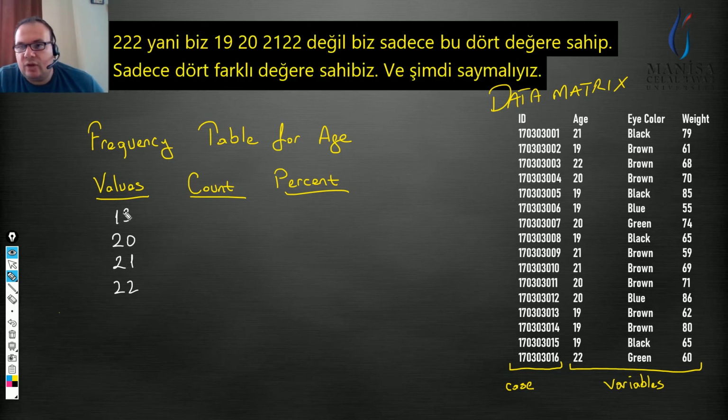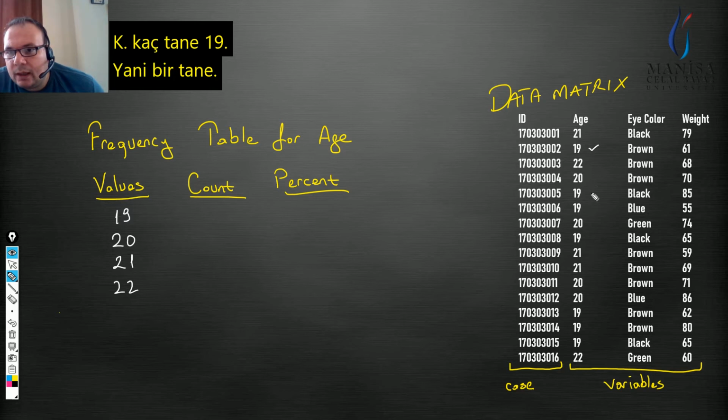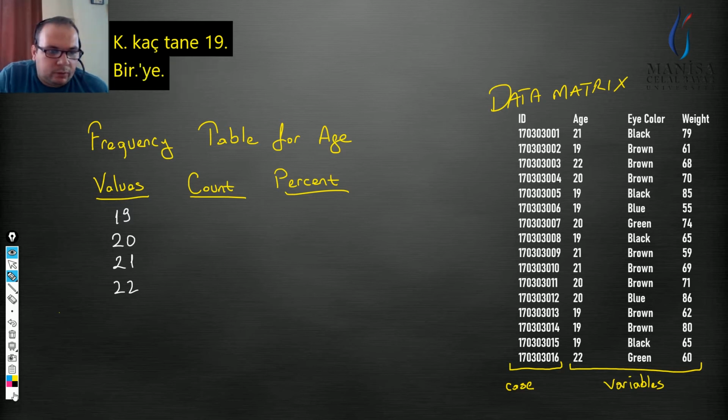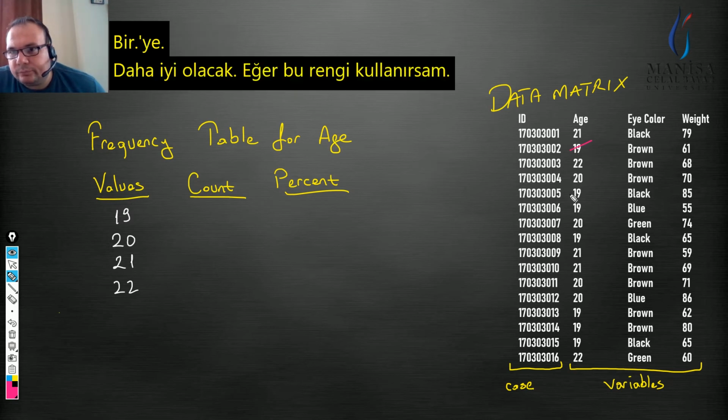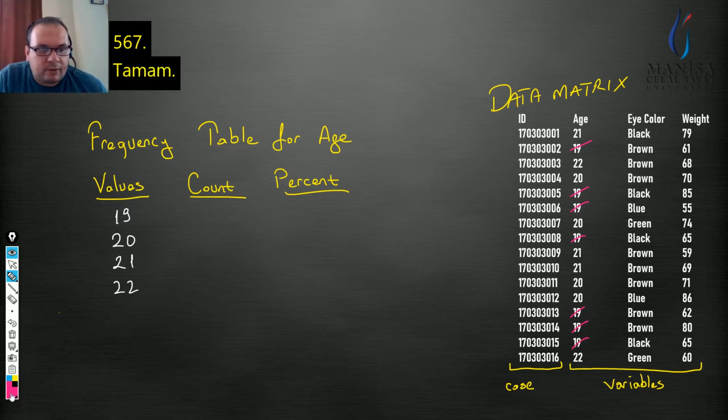How many 19s do we have? Okay, it will be better if I use this color. 1, 2, 3, 4, 5, 6, 7. We just have 7 students who are 19 years old.